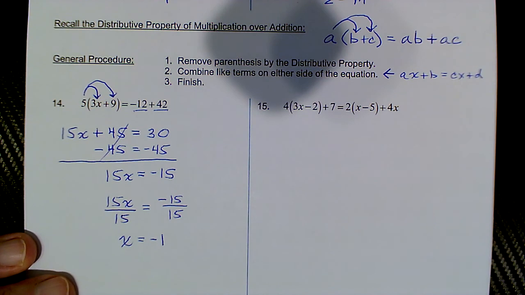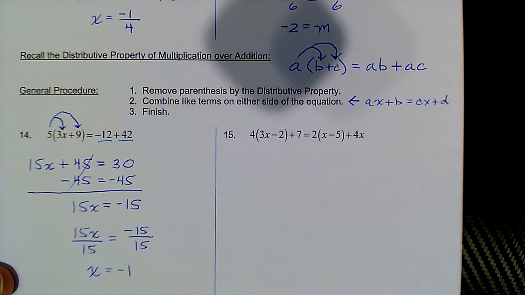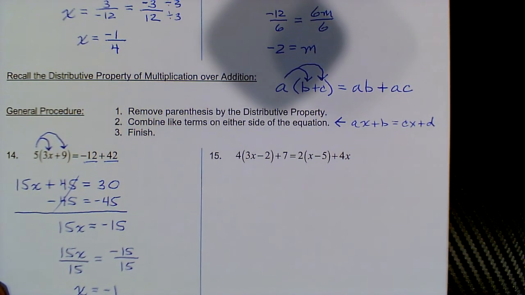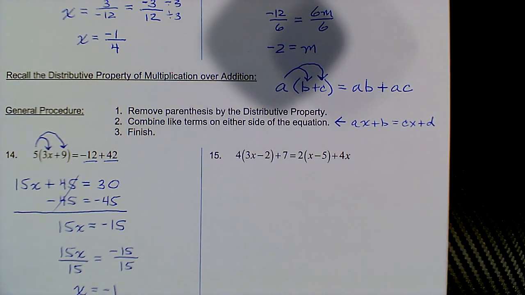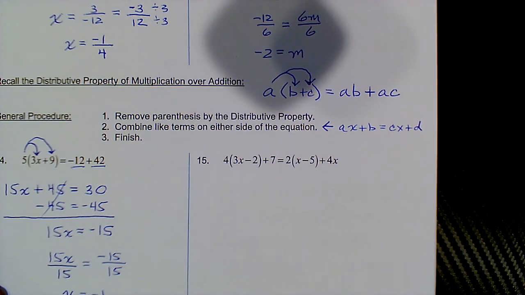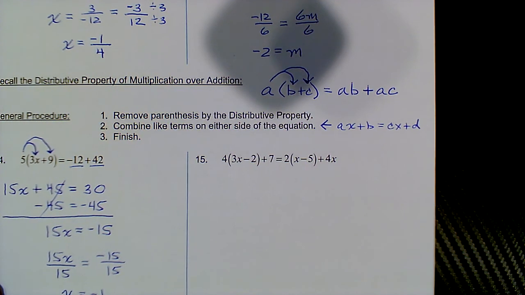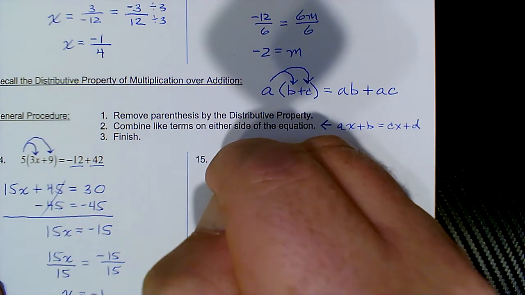Okay, so then number 15: if you can handle question 15, then you could pretty much handle all linear equations, because it's a situation where all of the concepts are used. That is, the first step, remove the parentheses by the distributive property.